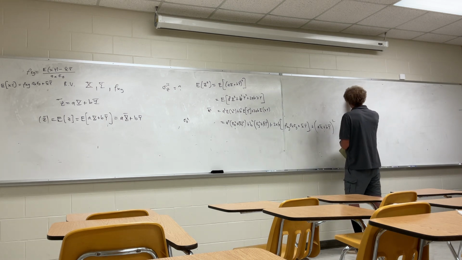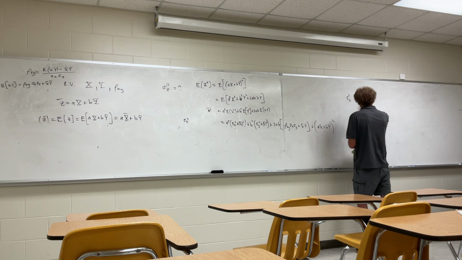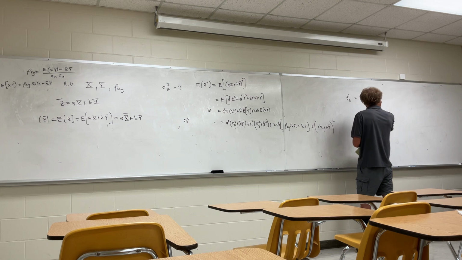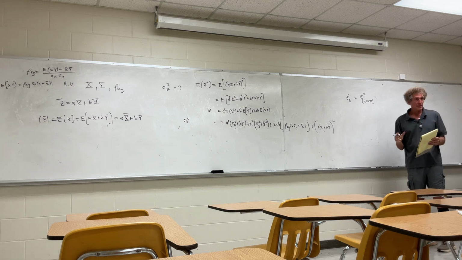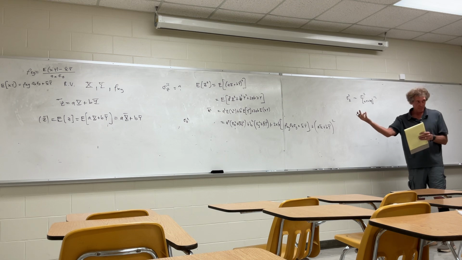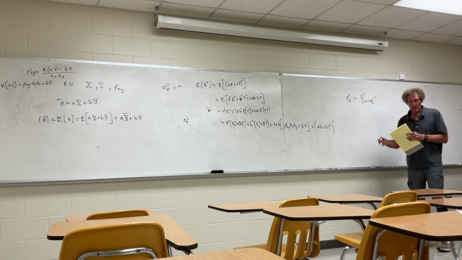You get sigma of z squared, that's the variance of this, is really sigma of quantity ax plus by squared. Remember, that is the definition of z, right? That's what we defined. Z is a times x plus b times y, right? X and y are right.